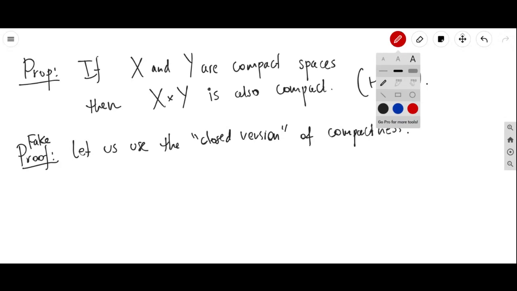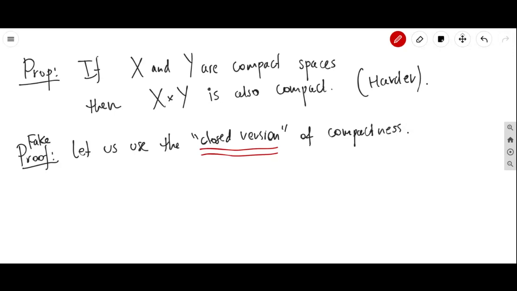If you've noticed, I've emphasized the closed version of compactness quite a lot in this course, because I think it does not get enough treatment. Almost everyone exclusively works with the open covering version, as opposed to the closed intersection version. But sometimes the closed intersection version works a lot better. It's a lot easier to use.